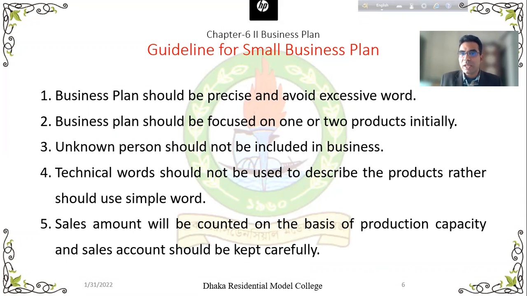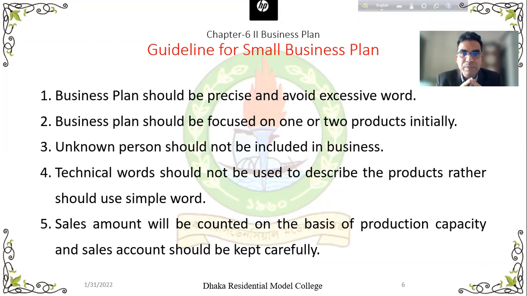Before starting a business, you have to make a small business plan. So some guidelines must be followed for making a small business plan. Business plan should be precise and avoid excessive words.